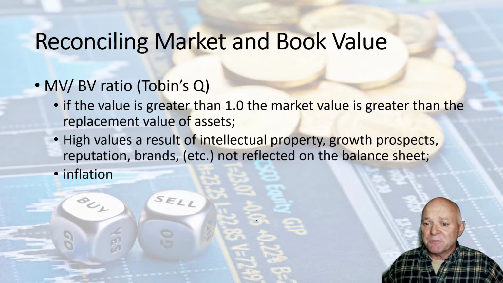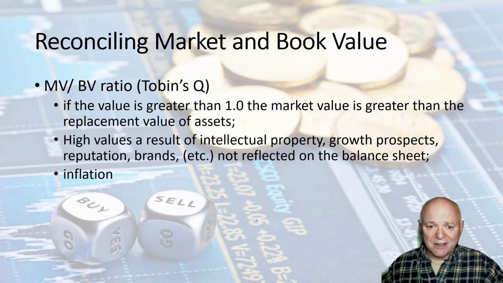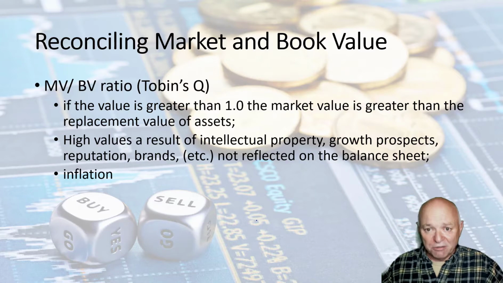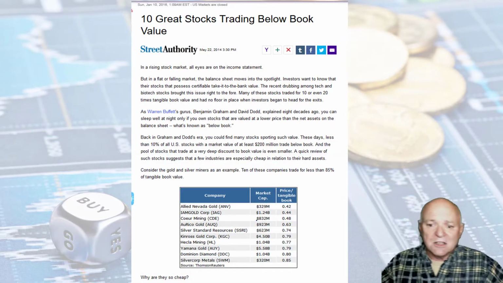And so the company must have been able to create, over time, certain types of intellectual property, has become a participant in network economies, has greater growth prospects, perhaps because of reputation, brand, customer relationships, that can't be reflected in the book value of its assets. It could also be caused because of inflation. And in some cases, we'll see that this is used to identify companies which might represent a bargain.